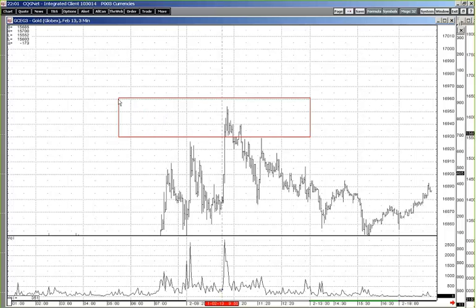If I'm going to fade this for some reason, because let's say the larger degree trend is down and I have this big spike up sort of into the ether, you don't want to just look at a 30-minute chart and fade this, because if you do, eventually you'll have your head taken off. At least go down in time frame so you have some two-sided activity where you can reasonably say, all right, there's some selling coming in.